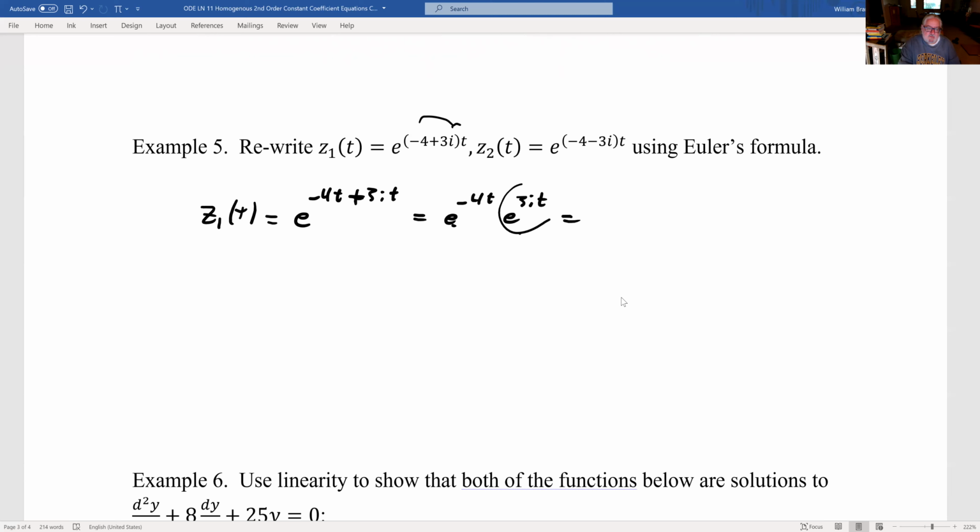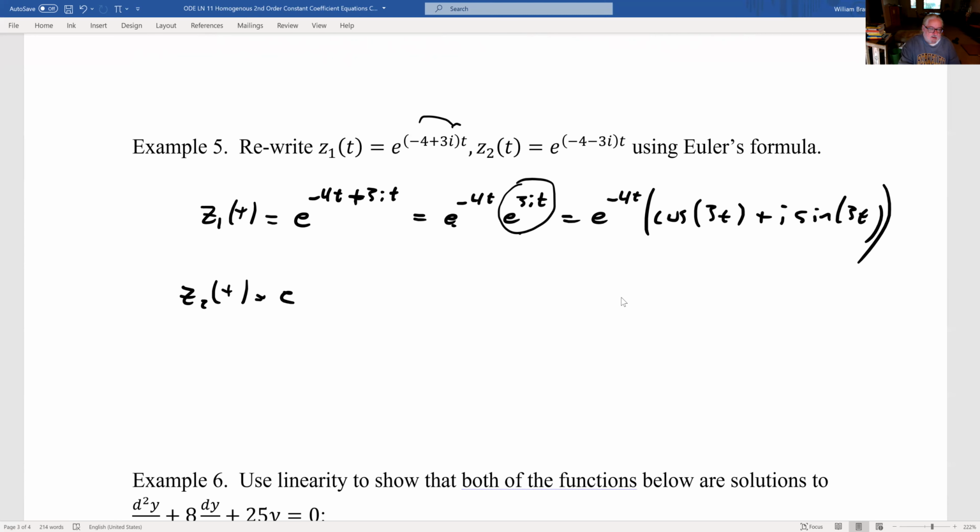And I can use Euler's formula on that part now. So I get e to the minus 4t, cosine 3t plus i sine 3t. Great. And z2 of t is exactly the same thing, e to the minus 4t minus 3it.